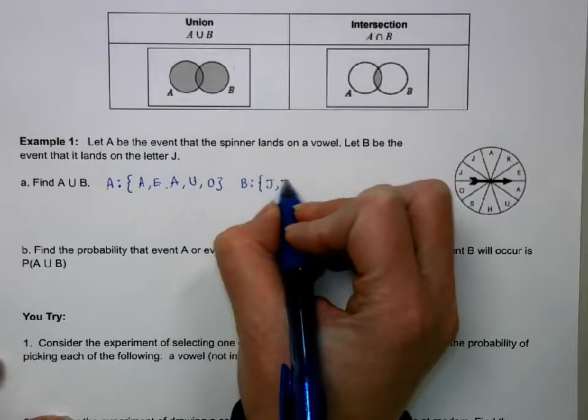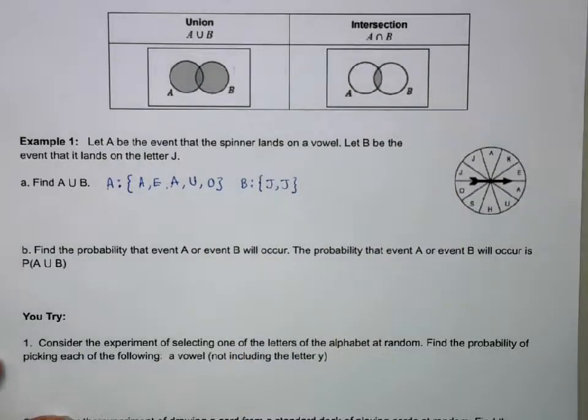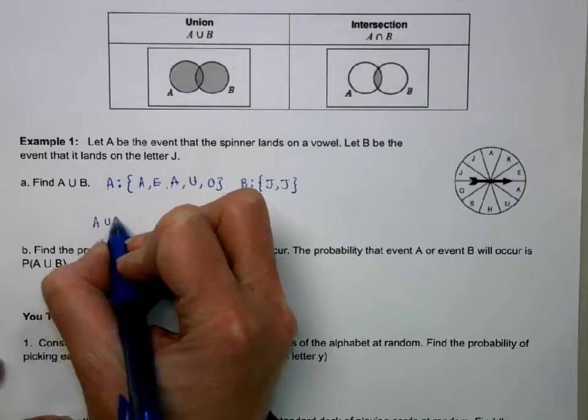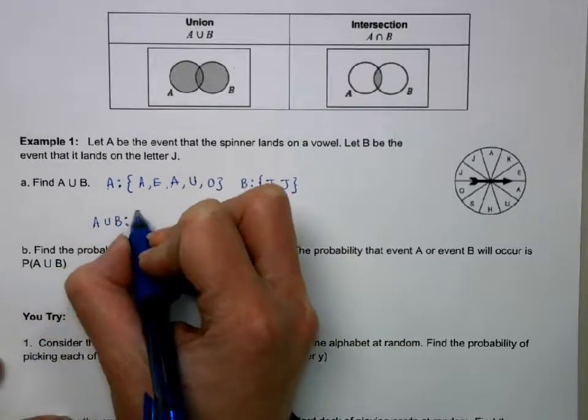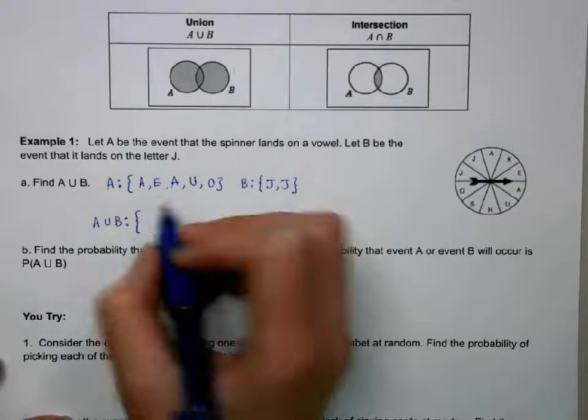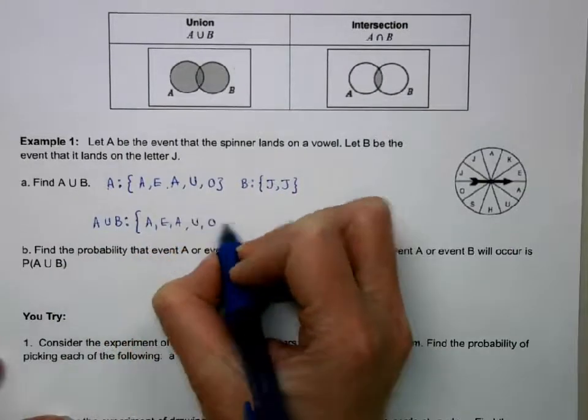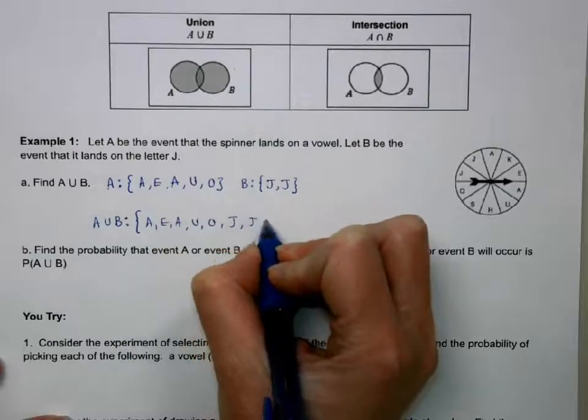So J, J. If I wanted to find the union of those, that's going to be combining all of it. So A, E, A, U, O, J, J.